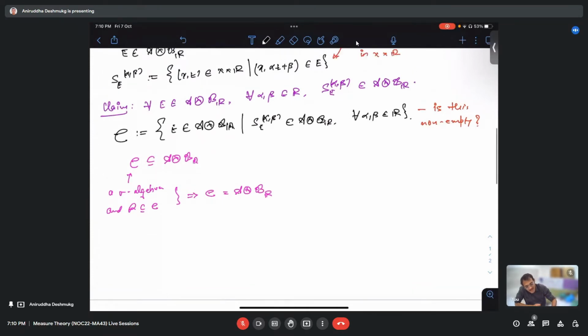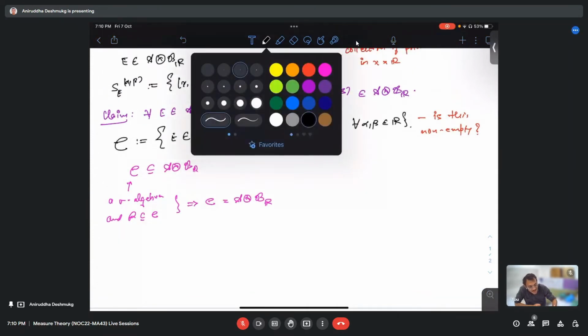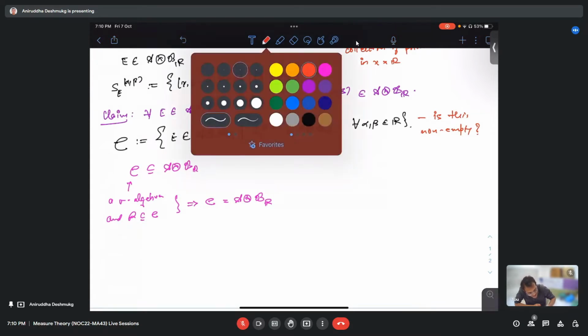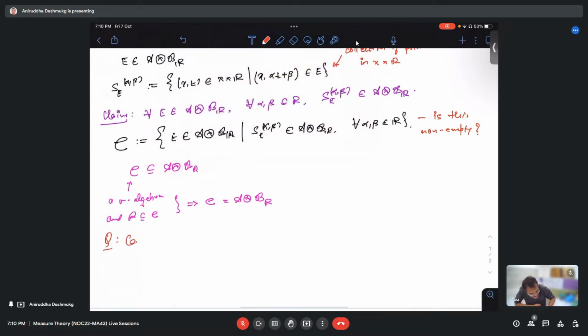That is fine. I am saying, does this have any set? Let me write a question. The question is, can we find some E inside A cross B such that E is inside this collection C?